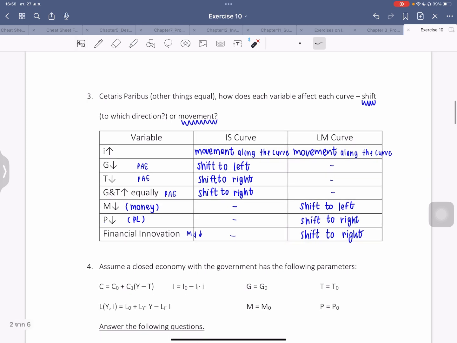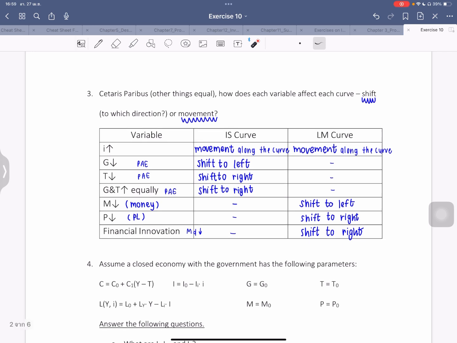Next, government spending decrease: its effect on aggregate expenditure is to decrease it, so it affects only the IS curve, shifting it to the left. Next, tax decrease. A tax decrease leads aggregate expenditure to increase, so the IS curve shifts to the right.